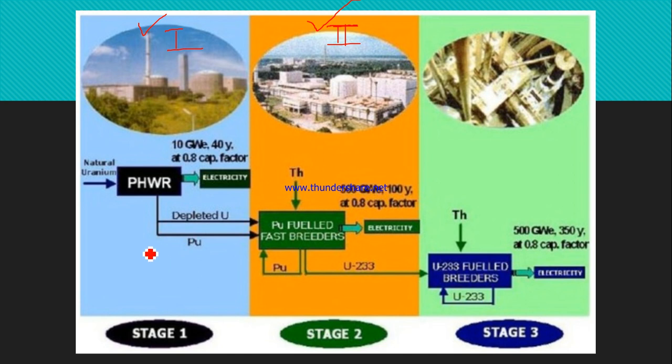As I told you, the first stage of the Indian nuclear program is the pressurized heavy water reactor, where the natural uranium contains fissile uranium-235 at only 0.7%. That will go for fission.